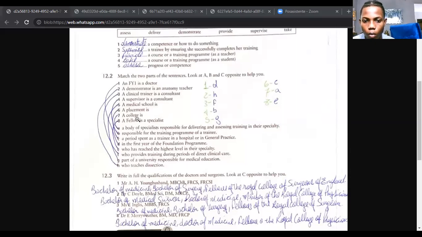Un colegio es un cuerpo de especialistas responsable de enseñar y evaluar el entrenamiento de su especialidad. Y por último, la 8, un especialista es alguien que ha alcanzado el nivel más alto de la especialidad.